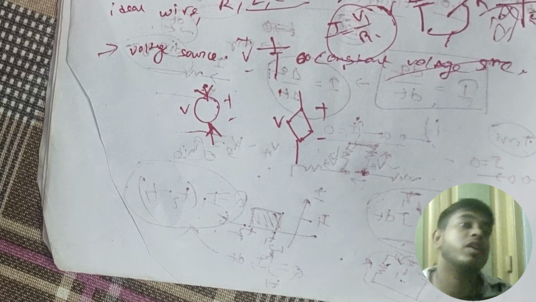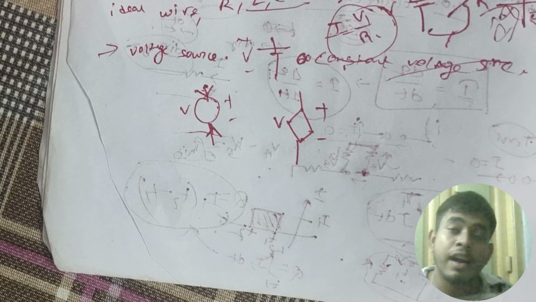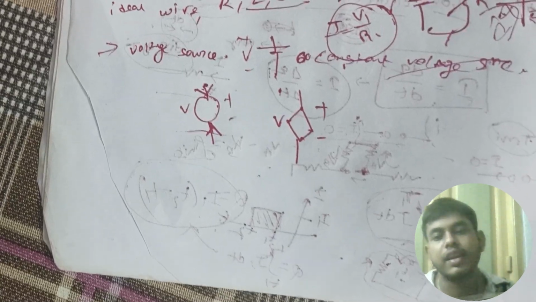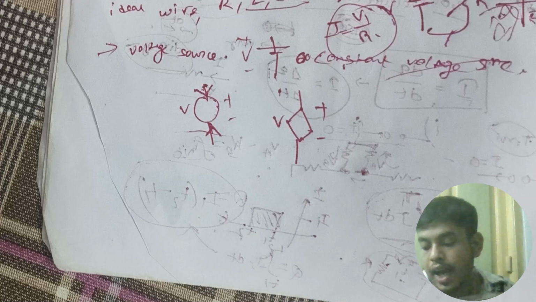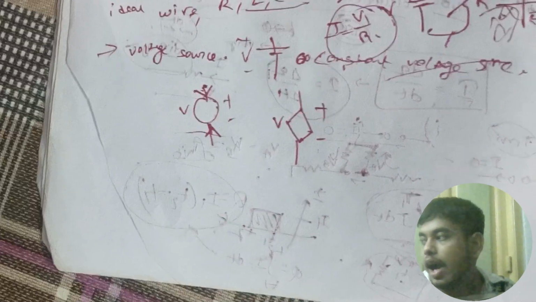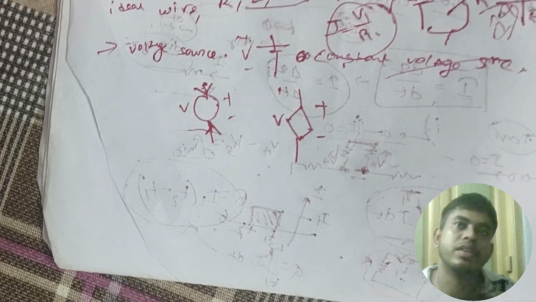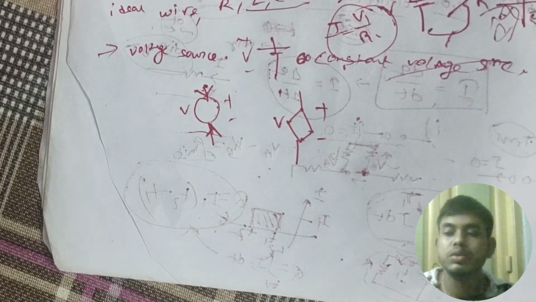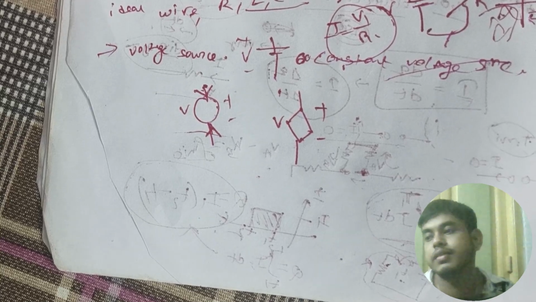There are various models we will learn in analog electronics, like op amps and transistors.